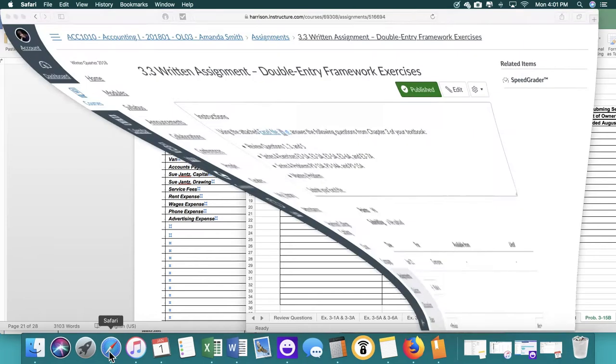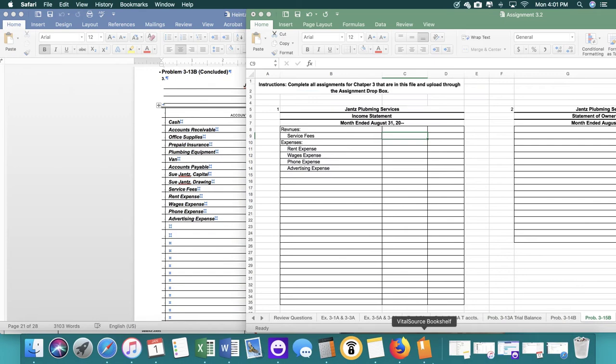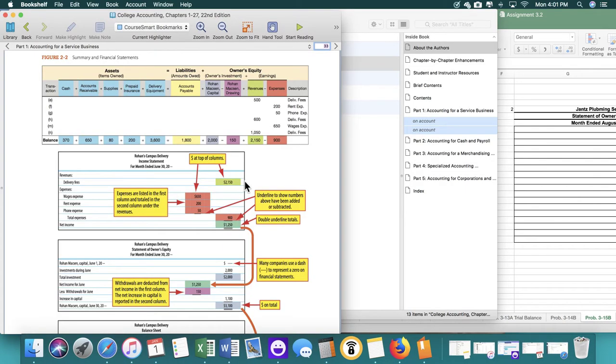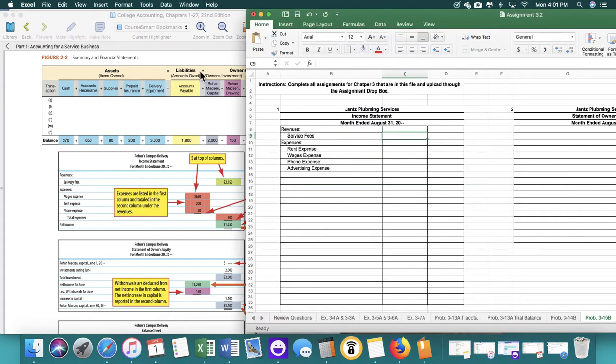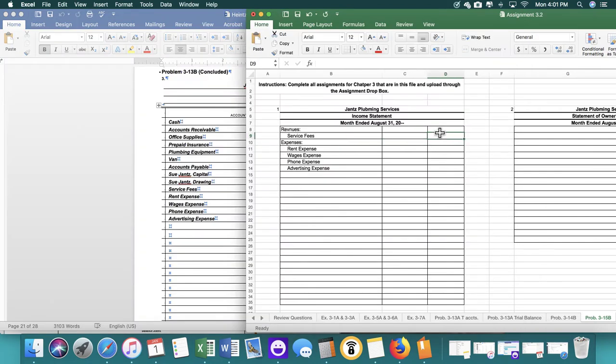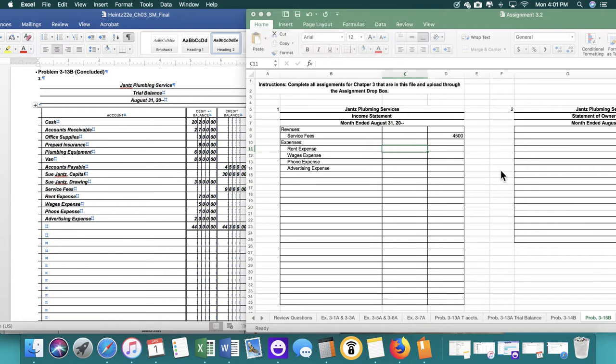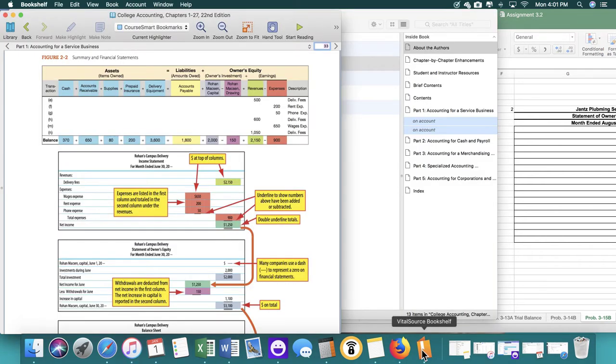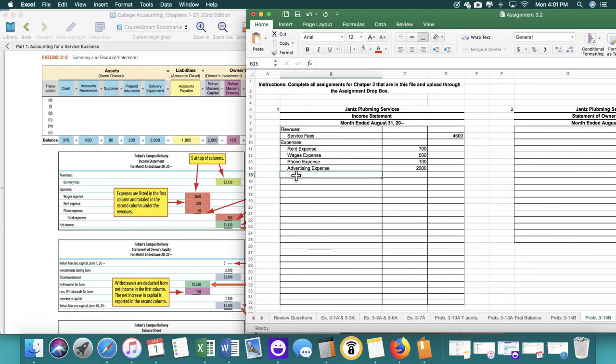So if we go back to our textbook, the revenue is going to go all the way over to the right. So our revenue is $4,500. Then we're going to list our expenses. $700, $500, $100, $2,000. Then we list total expenses.